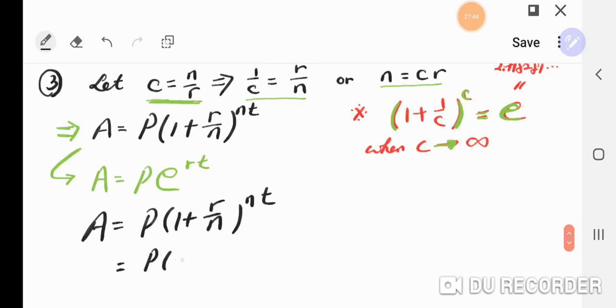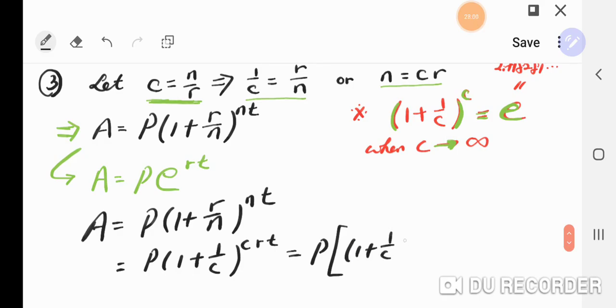So why don't we replace this r over n with 1 over c? And then n is equal to cr, so the exponent is crt. Then we can rewrite it with a bracket: 1 plus 1 over c, with the exponent c remaining the same, raised to another power rt.